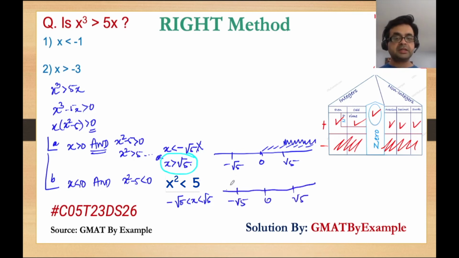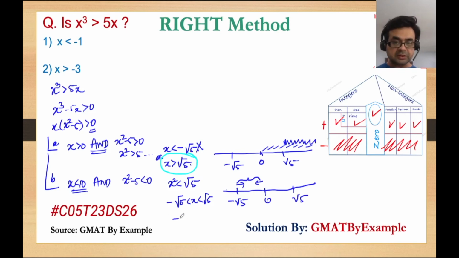What we are saying is x is less than 0 and between these two possibilities. So what does that mean? So less than 0 is right here and between these two is right here, right? So what that means is eventually x has to be between these two, because 0 to root 5 is greater than 0, and it is not possible to have an and with greater than 0 because they contradict each other.